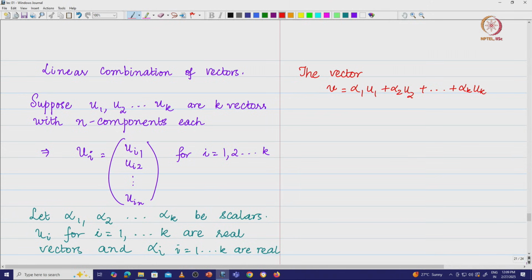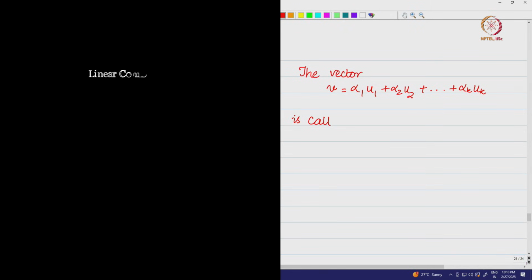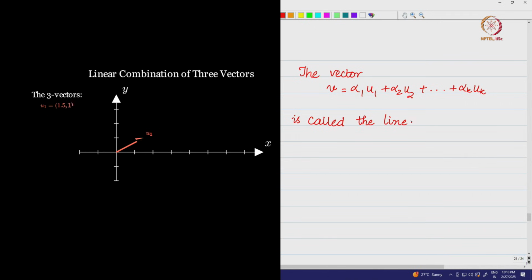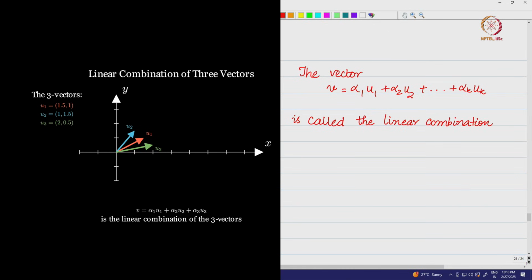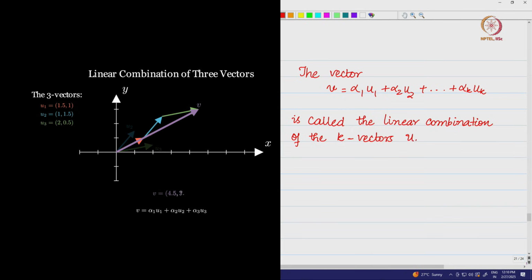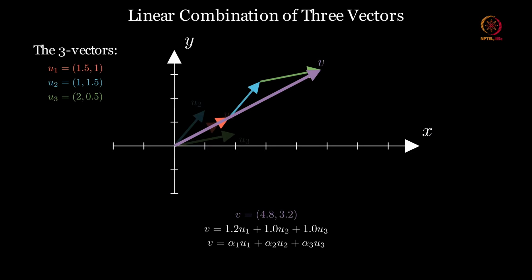The vector V, which is obtained by adding the scalar multiples of the vectors u1, u2, uk, is called the linear combination of the k vectors u1, u2, etcetera uk. So we are going to call this the linear combination.